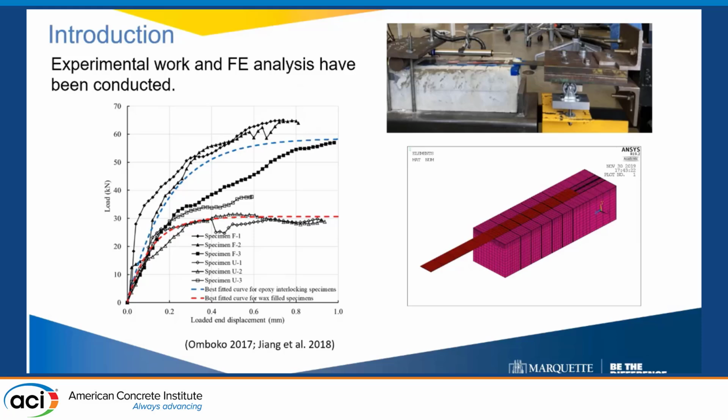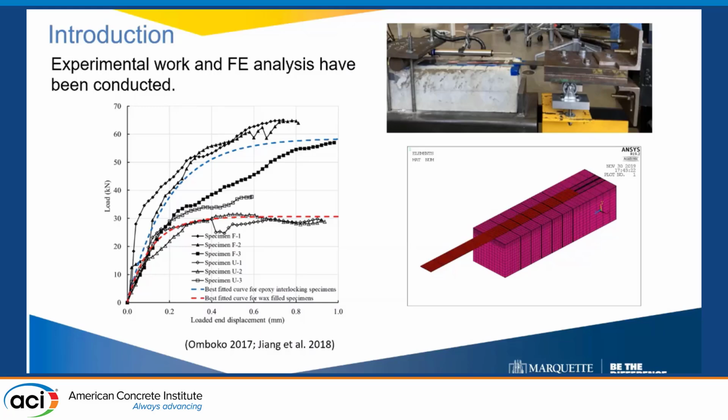So here are some experimental results and finite element setup for the transverse groove case. That's what we already did. Based on the left figure, the grooving case can significantly improve the ultimate bond strength.